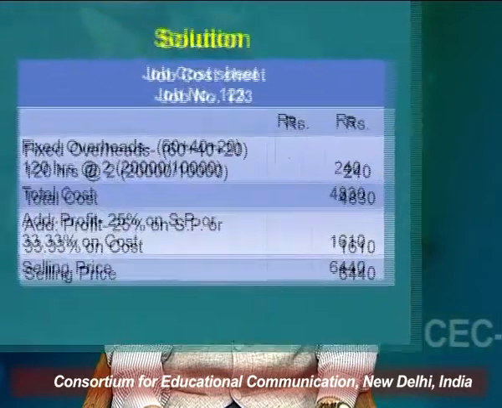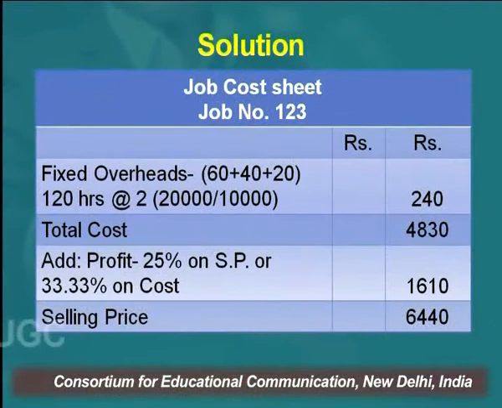Supposing you have quoted 6,000 rupees, it means your profit will be less by 440 rupees. You will not be able to earn 1,610. If you have quoted a higher figure, your profit will be more, right. So if you want to earn 25% profit on selling price, then 6,440 is the right quotation price. So this way we prepare the job cost sheet.